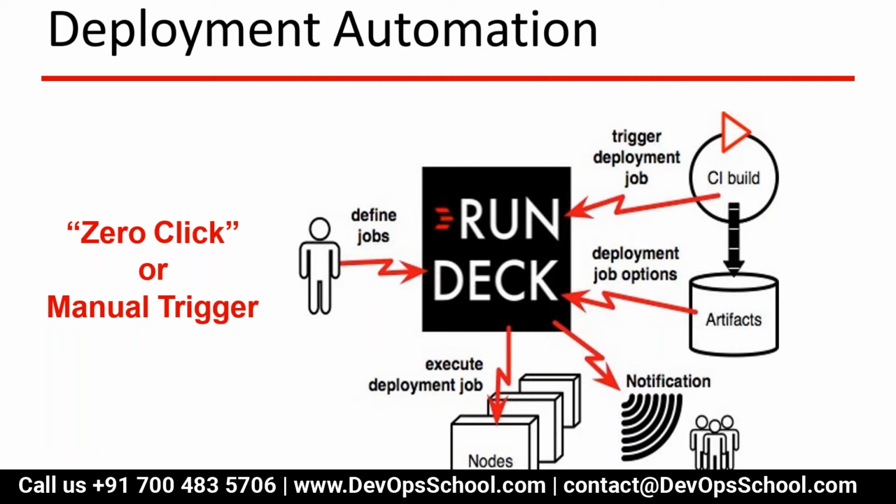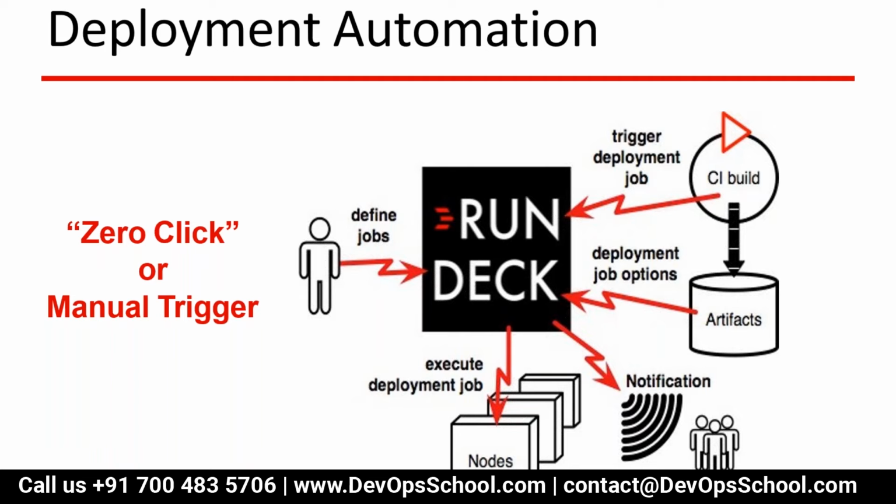So here, what is happening? Look at the image very carefully. From the CI server, for example, Jenkins will trigger the deployment job at Rundeck. Rundeck will take the artifacts through the CI server, deploy to the different nodes, execute deployment jobs, and after that you can send the notification. So you can use Rundeck for deployment automation also.